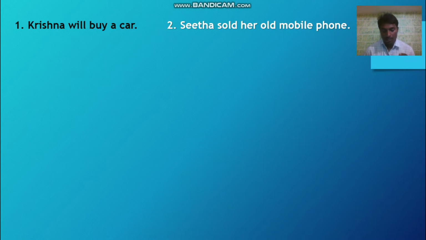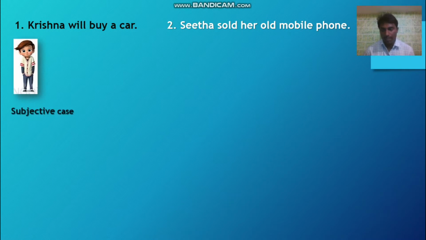The first question, to get what is in the subjective case, is: who will buy a car? The answer to this question goes to the subjective case. Who will buy a car? Krishna will buy a car. So Krishna is in the subjective case.